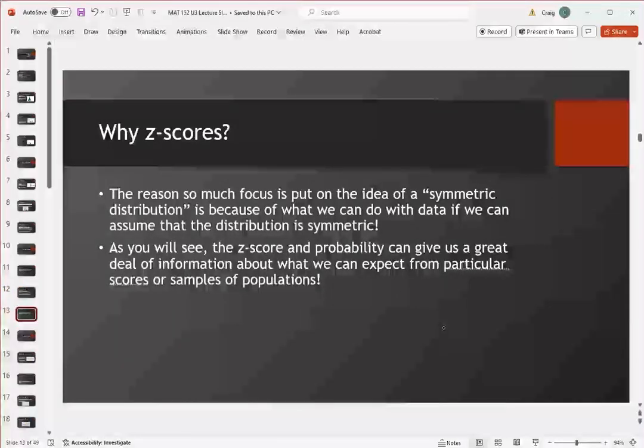Now, the reason why we focus on z-scores and symmetric distributions is what I've been talking about for the past few minutes. If we know the data are symmetric, we can take that normal distribution and essentially just fit it over the top of the data. Then we can use what we know about the probabilities from that probability density curve, which you'll see.